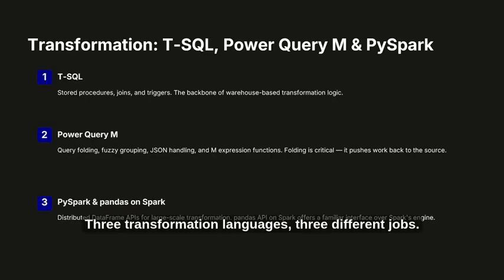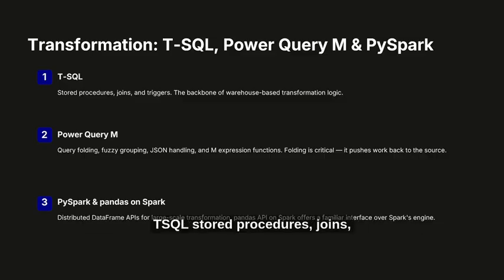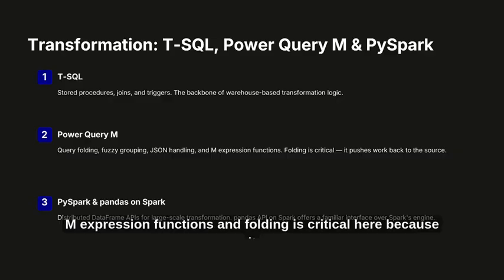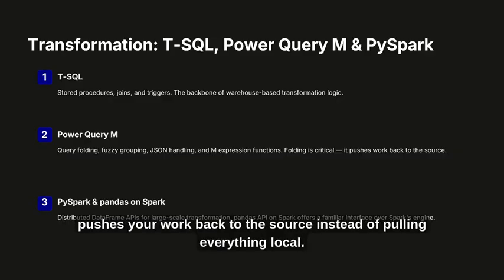3 transformation languages, 3 different jobs. T-SQL, stored procedures, joins, triggers, is the backbone of warehouse-based transformation logic. Power Query M gives you query folding, fuzzy grouping, JSON handling, and M expression functions, and folding is critical here because it pushes your work back to the source instead of pulling everything local.